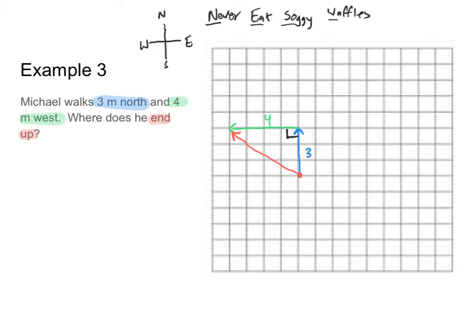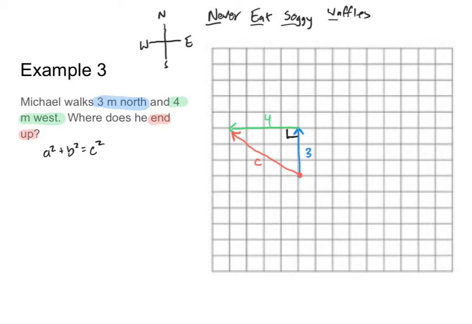So, as with any right triangle, we can use the Pythagorean theorem, which is a squared plus b squared equals c squared, to figure out the length of our hypotenuse, which is this long side, the side that is directly across from my 90-degree angle.